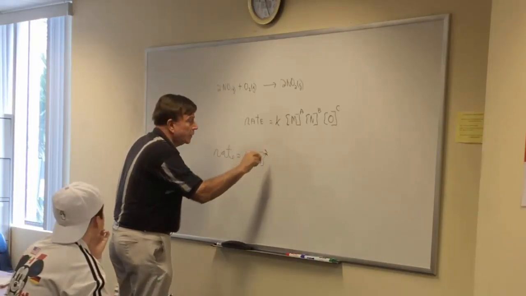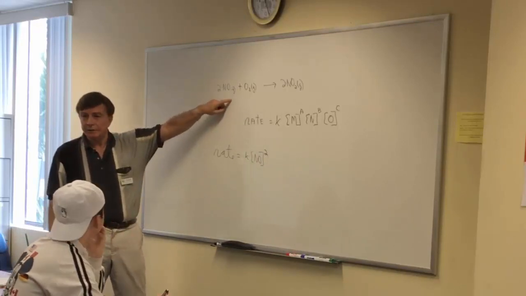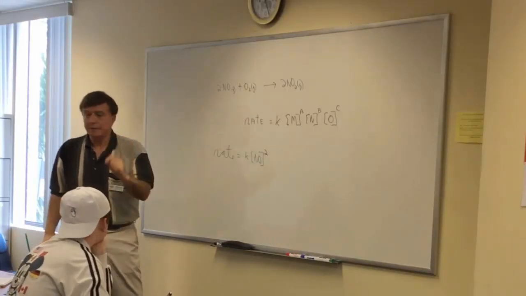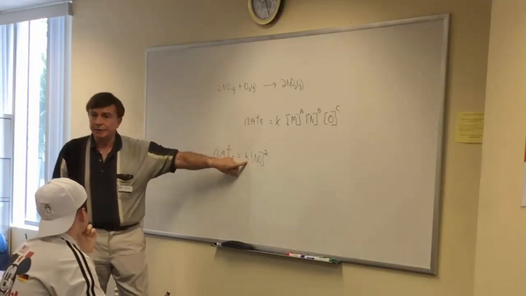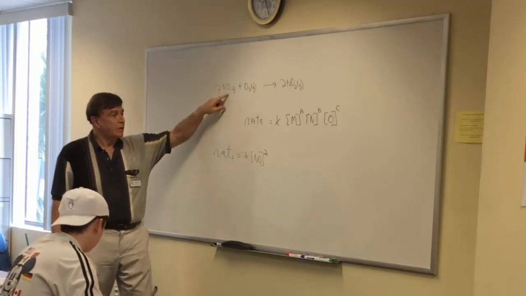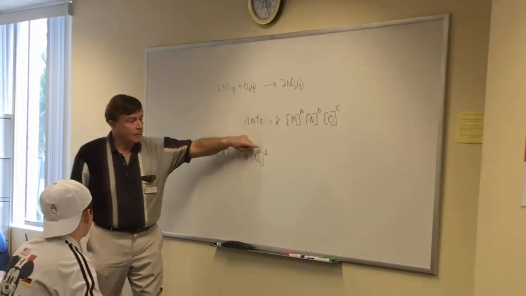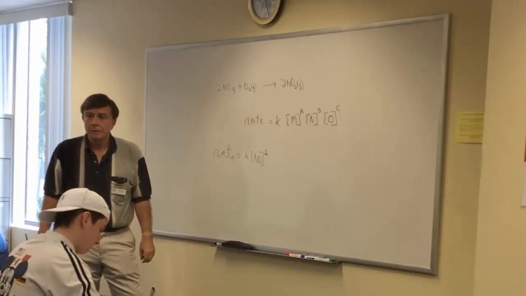What this says, the rate of reaction for this equation, and it's equation specific, is that the rate is equal to K, which is a constant, times the concentration of NO squared, which would be the second order, right?